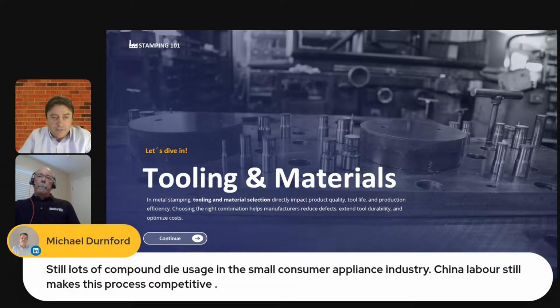There's still lots of compound die usage in the small consumer appliance industry. China labor still makes this process competitive. Yes, that's absolutely true. I was speaking primarily of the more developed industrial areas of the world, where labor costs are quite high and the standard of living is quite high. The tendency is to use automation as opposed to labor.